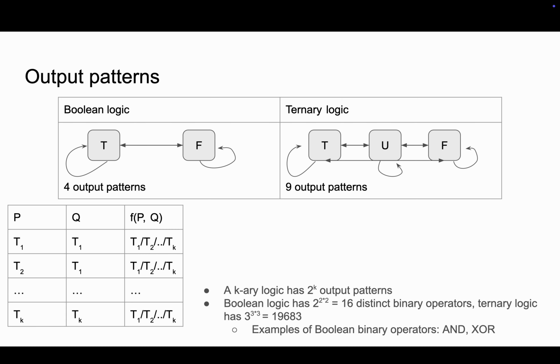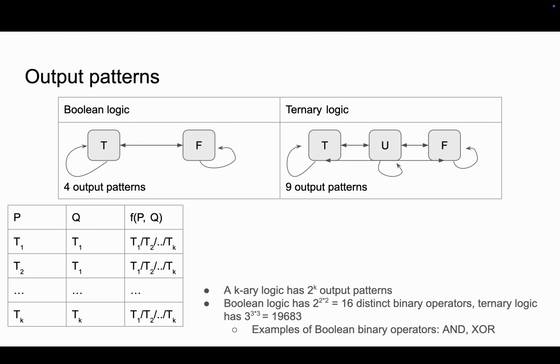What binary operators do is that they take two different truth values from two different propositions or two different variables, and then map them to a specific truth value. For example, AND is a binary operator which takes a Cartesian product of the truth values of P and Q. It takes a pair of truth values, and depending on the nature of the pair, it maps it to an output truth value.